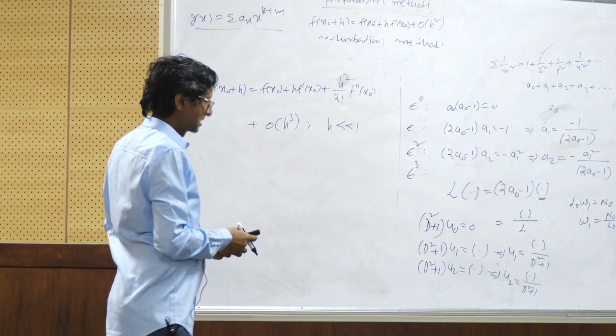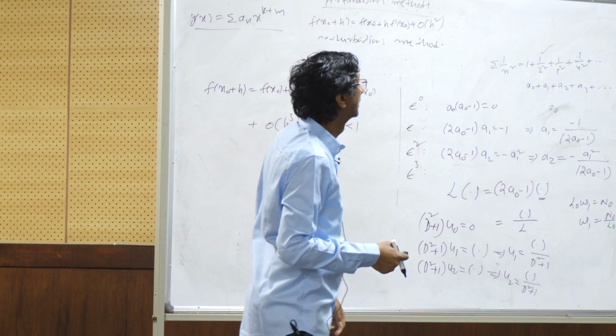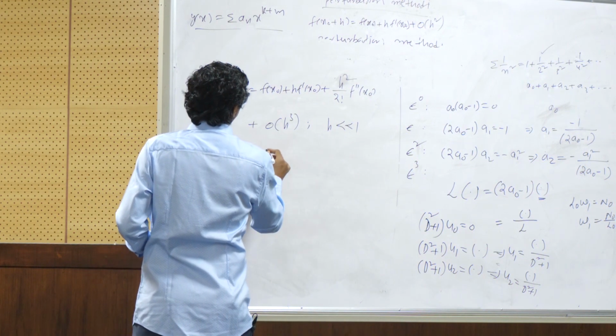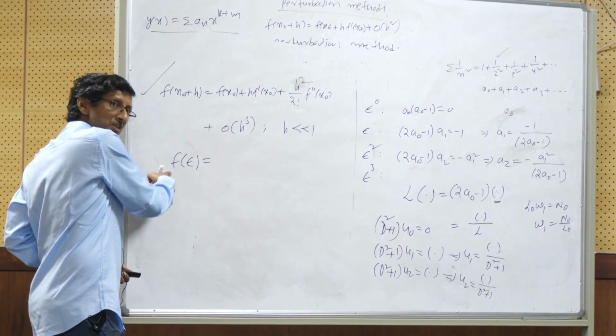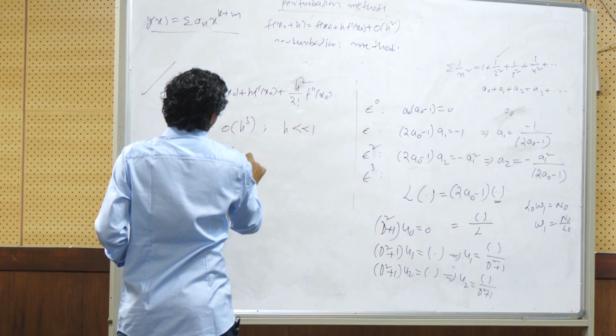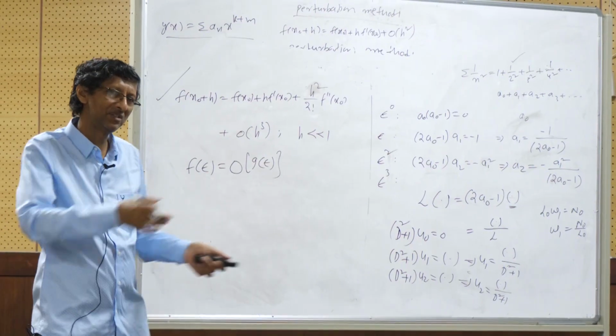Let us see. If you write f of epsilon, this is one thing, but let us focus on this: f is a function expanded with respect to epsilon, and you are calling the other function g of epsilon. What does it mean that f is of order g of epsilon?